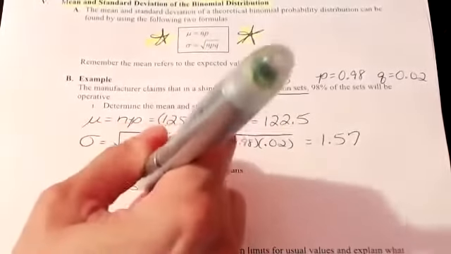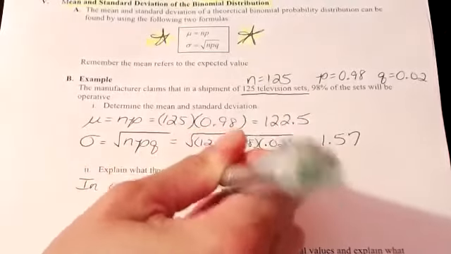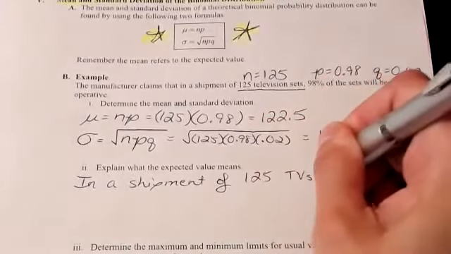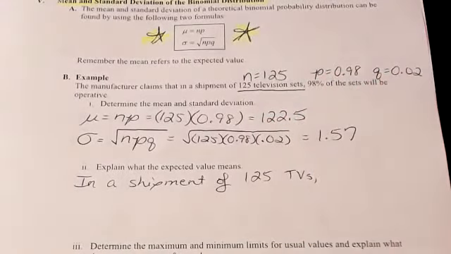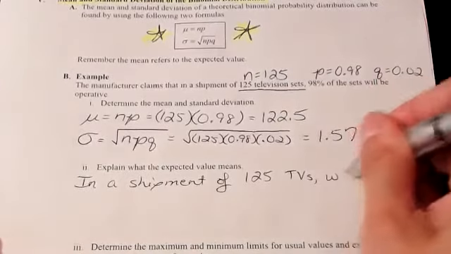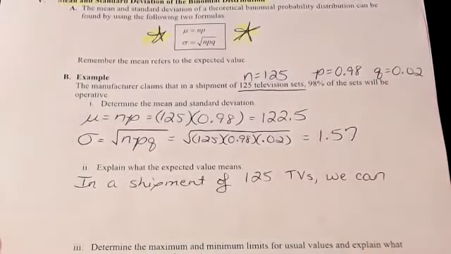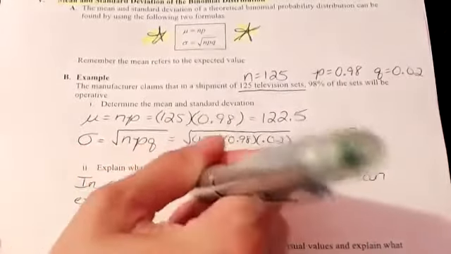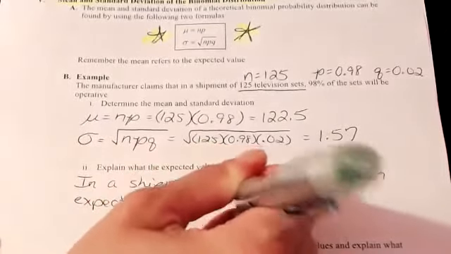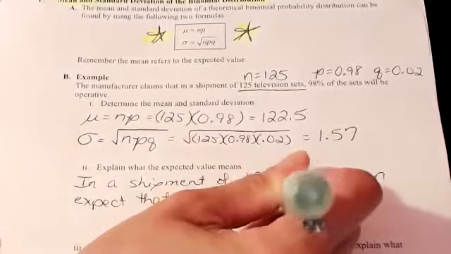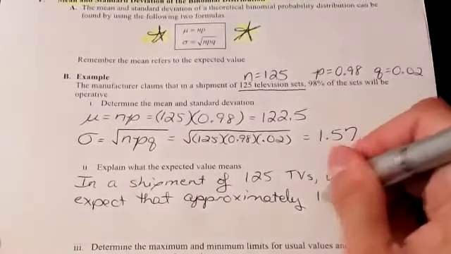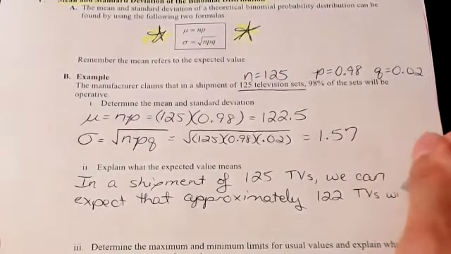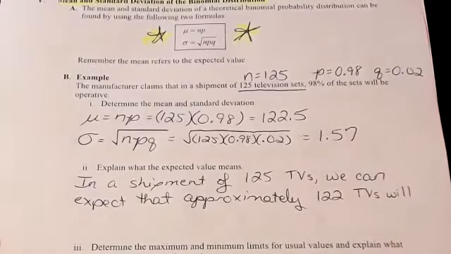In a shipment of 125 TVs, I hope you don't mind me abbreviating, we can expect that approximately 122 TVs will be operative.